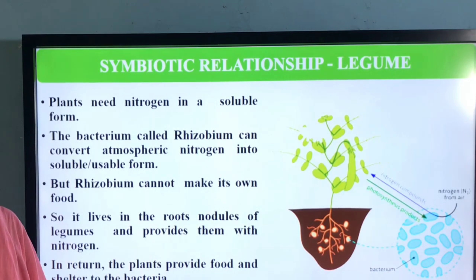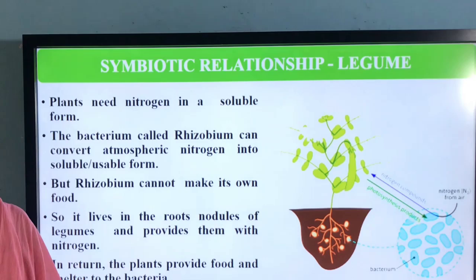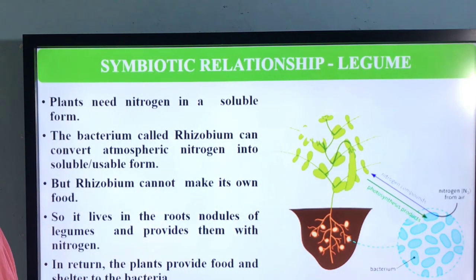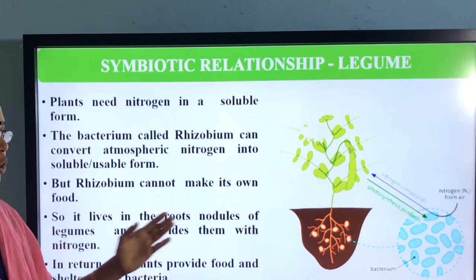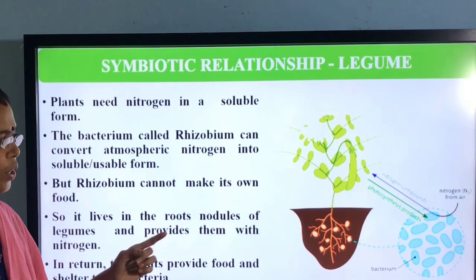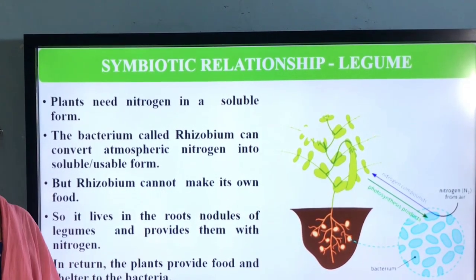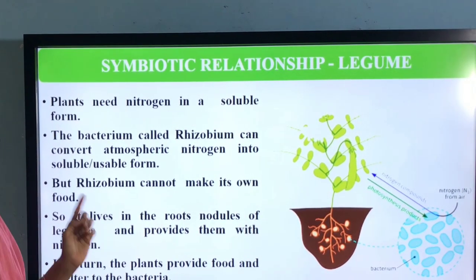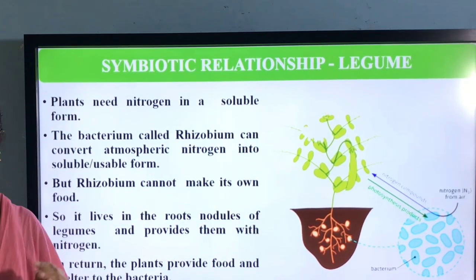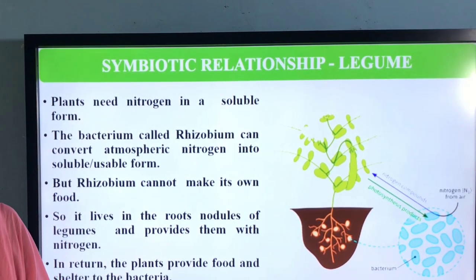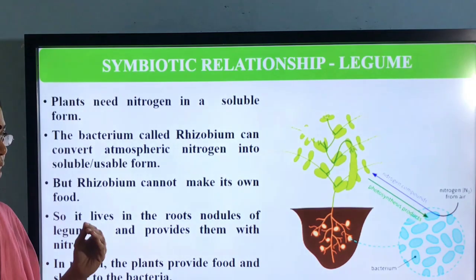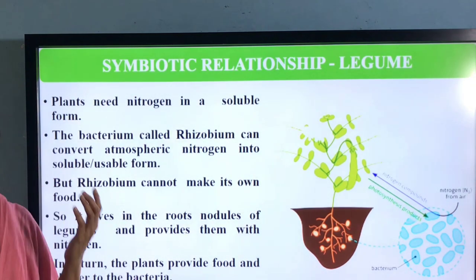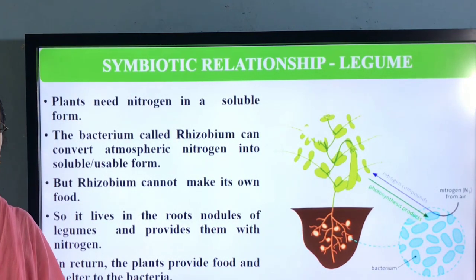The next example for symbiotic relationship is leguminous plant and Rhizobium bacteria. In this leguminous plant, root nodules are present. In the root nodules, Rhizobium bacteria will be there. This Rhizobium bacteria cannot synthesize their own food. This Rhizobium bacteria is able to fix the atmospheric nitrogen in usable form.